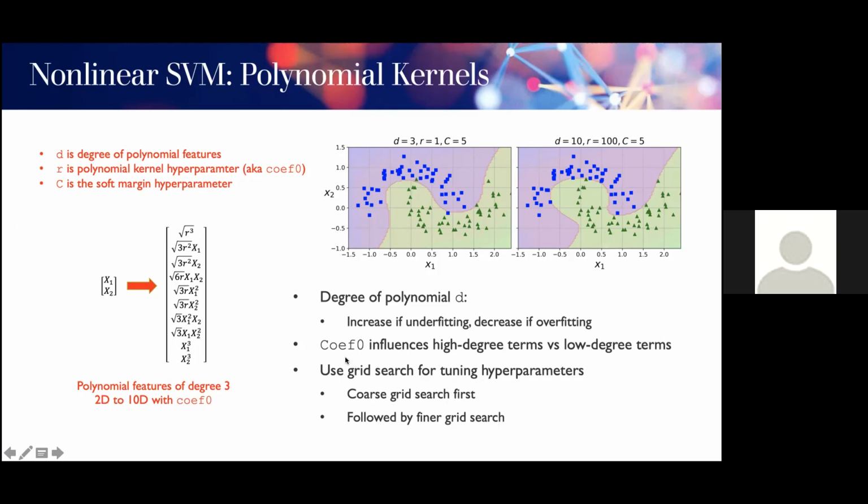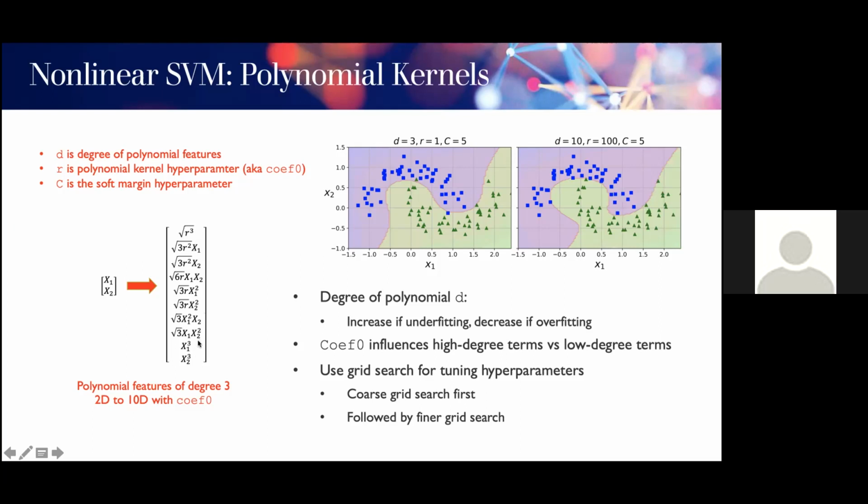And to be able to show you what that coef does, what I did is I took x1 and x2 and projected them into the 3-degree space, the 10-dimensional space, using an r. And so you can see that r shows up in pretty much every single term that has an order of degree less than 3, but all the terms that have the combined degree of 3 do not have r.